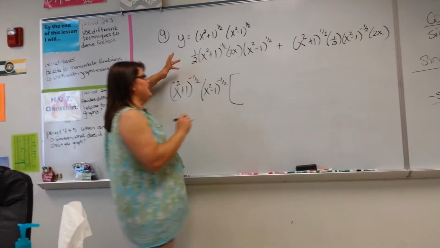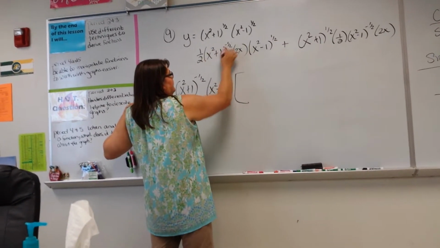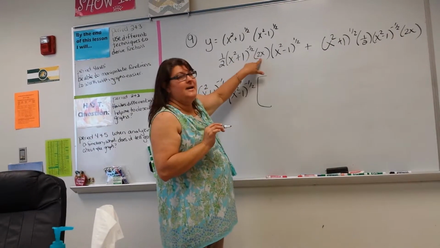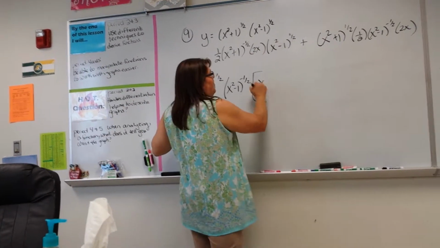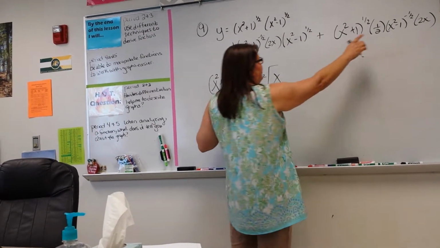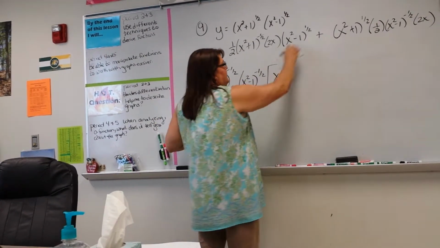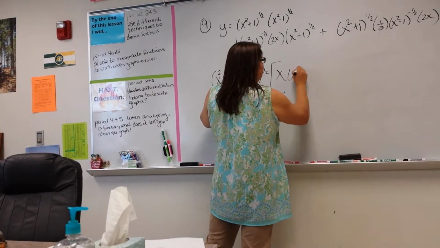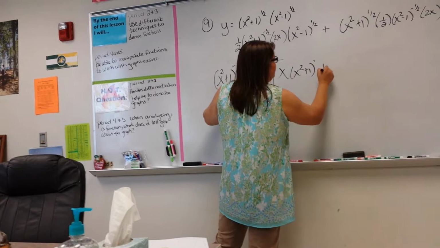So do you agree basically that this is gone, right? And do you also agree that these two things multiply to give me an x? When I factor that out, remember, because I pulled out negative 1/2, it's 1/2 minus negative 1/2. So it's times (x squared plus 1) to the first.